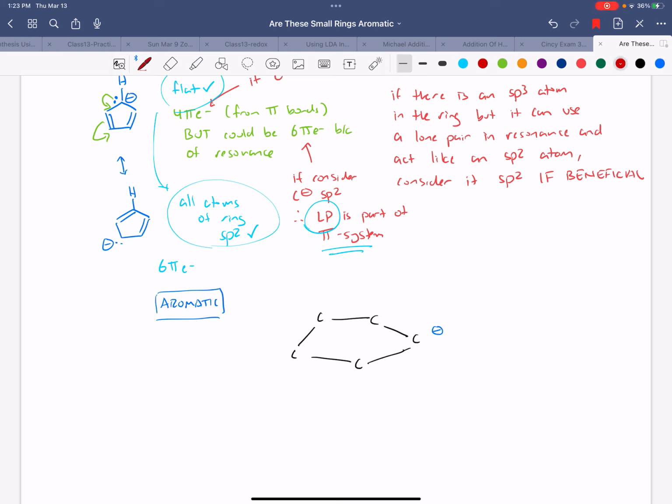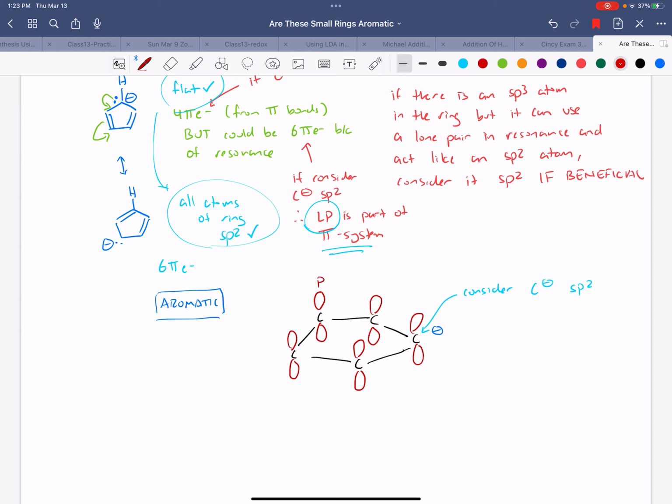So if you think about your other 4 carbons, again, what we're saying here is let us consider the C minus anion sp2 hybridized. You know sp2 atoms have a p orbital. So there are your p orbitals.